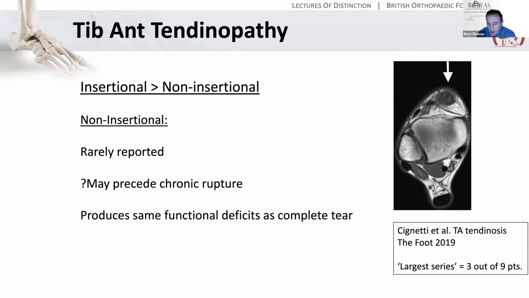The remaining 6 patients in that study actually had a tendon rupture. So it's rarely reported. It was postulated that it may precede chronic rupture, and the authors found that the symptoms that a non-insertional tendinopathy produced were the same as if the tendon had a complete tear.